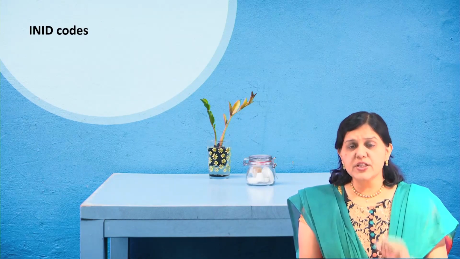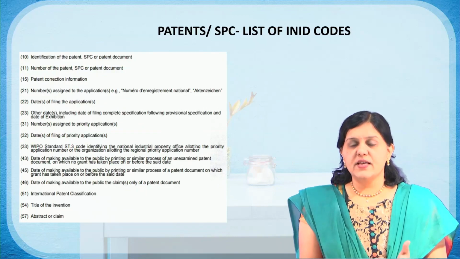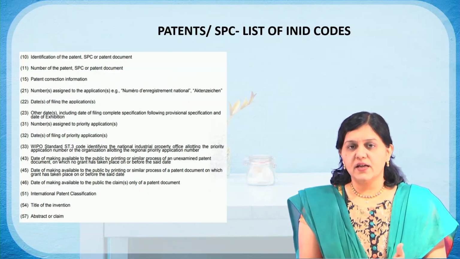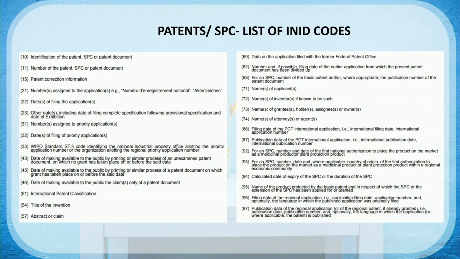So, check these numbers now. Here you can check 54, 57, 51, 72, 71. Please check all these numbers and find out what is against 54, what is against 57. So, 54 is for the title of the invention, 57 is the abstract. So, you can check these numbers.